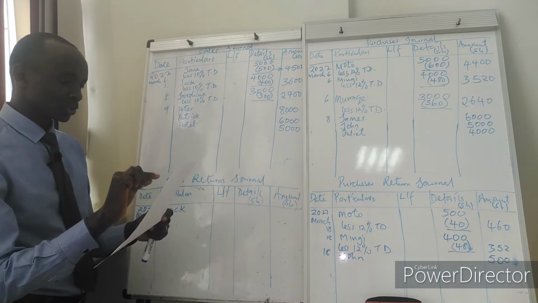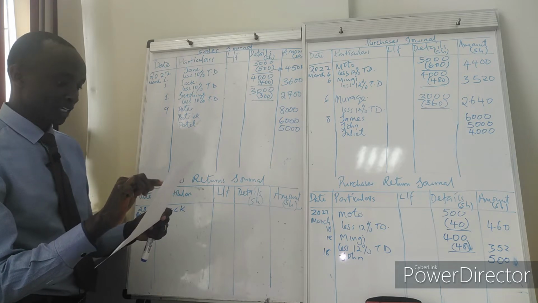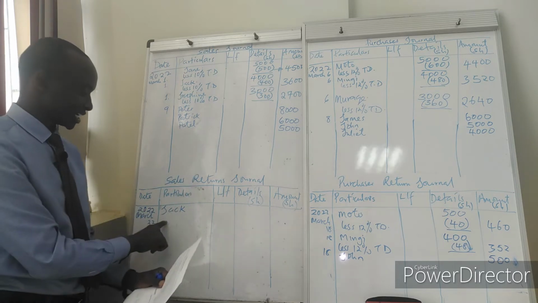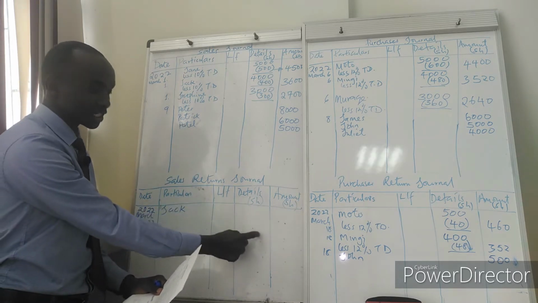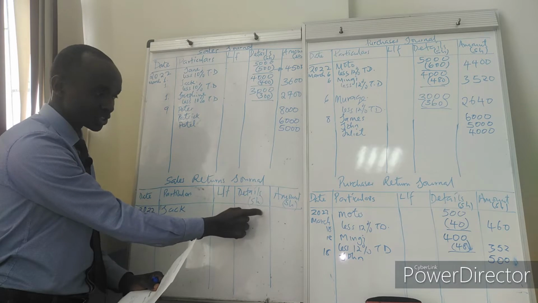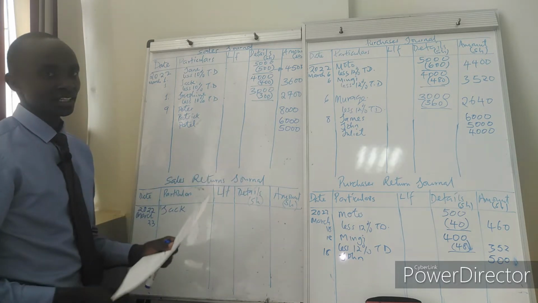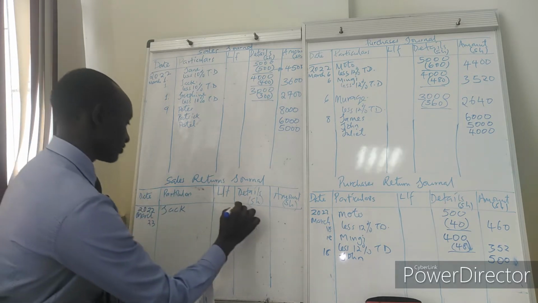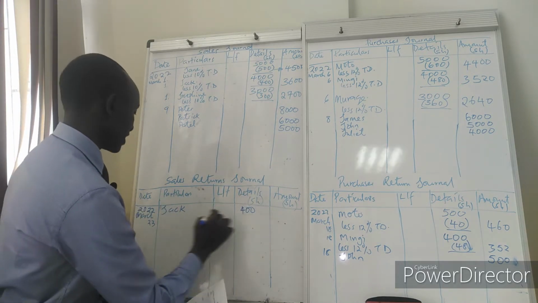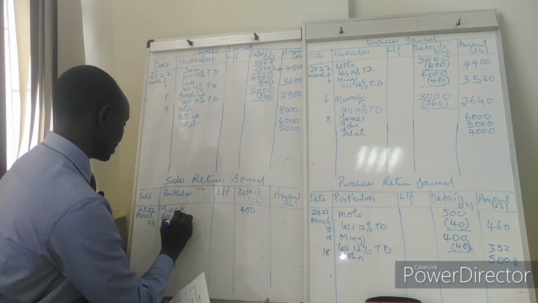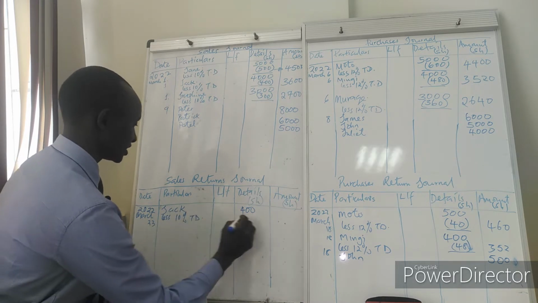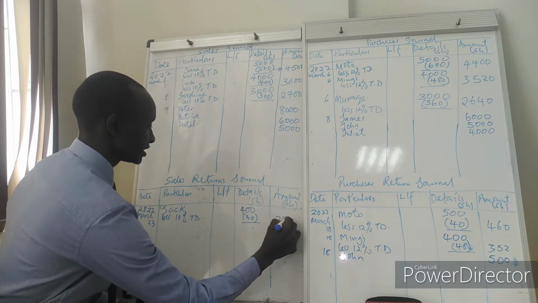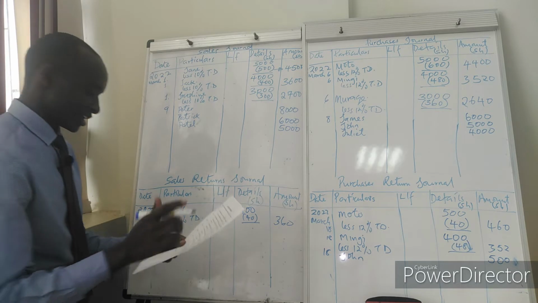So Jack was sold goods by Mike Mickey, but was allowed a discount of 10%. Still, when returning these goods, you are going to show the discount. You adjust for the discounts of those goods that have been returned, and then you take the resultant figure to the amount column. So it's as easy as this. You write the 400 here, and then you less 10% trade discount. 10% of 400 is 40, right? 400 minus 40, 360.